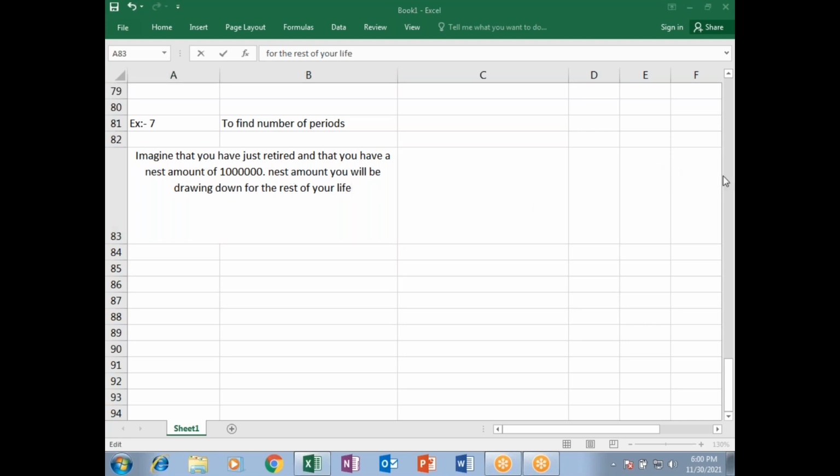Nest amount, not net amount, nest amount. Before you retire, that stored amount you will have, right? For example, you have the PF amount. That amount I can call a nest amount.